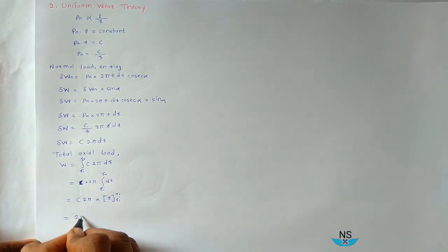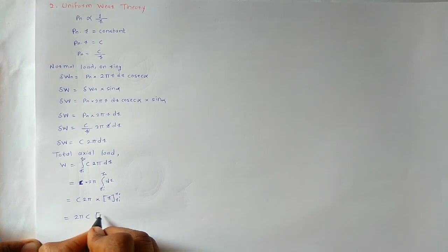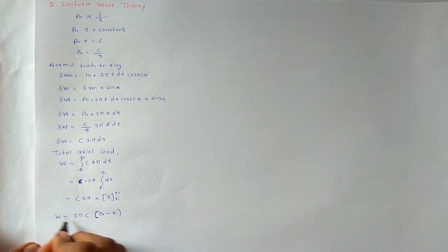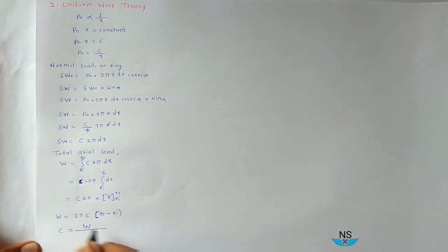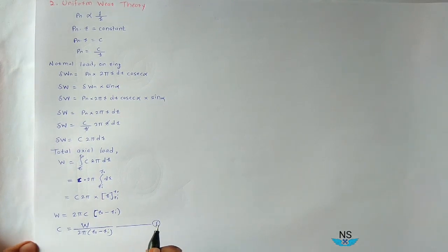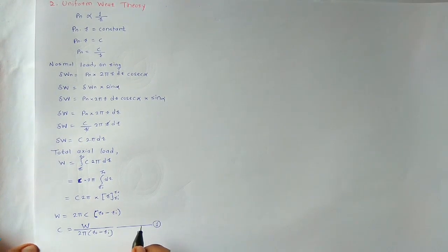So W is equal to 2 pi C into Ro minus Ri. This is the total axial load W. From this equation, C is equal to W divided by 2 pi into Ro minus Ri. So this is the value for C, and this is our first equation.